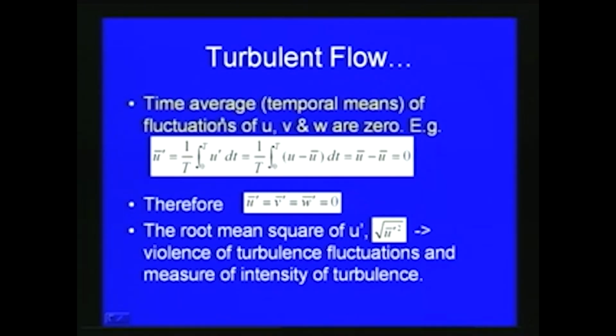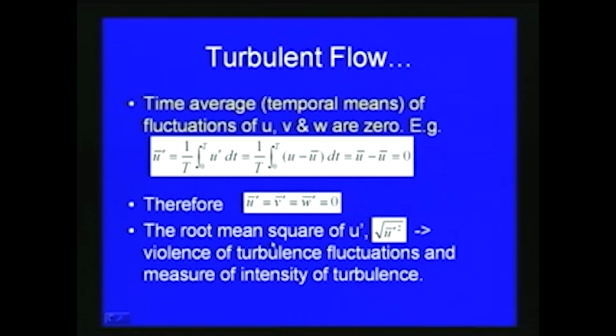We have seen that the time average of these fluctuations u dash, v dash, w dash is 0. We can show, as we have seen earlier, that the mean component of u dash, equal to 1 by T integral 0 to T u dash dt, is equal to 0. Similarly for v and w.